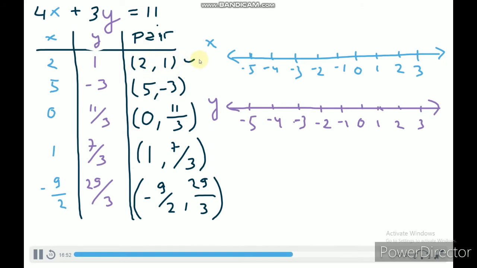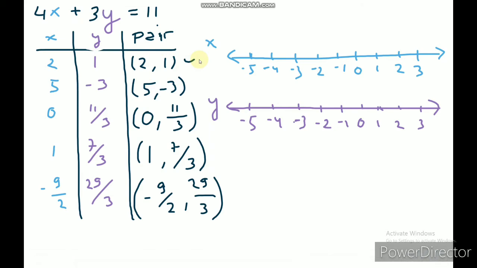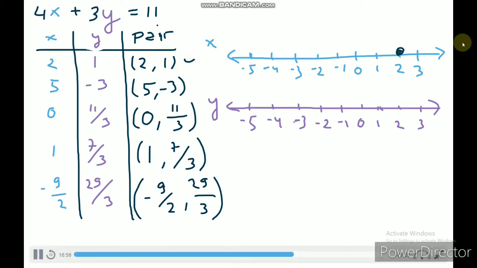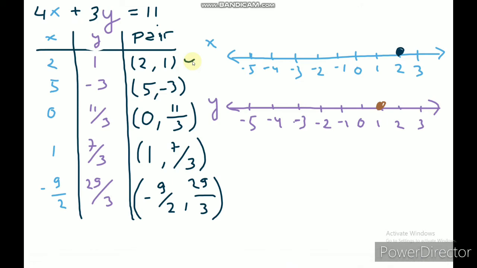Well, I can imagine this way. I put a closed circle here, at 2, because 2 belongs to the x, and then I put another closed circle at 1 on the y number line. And then how can I say it is the first combination? Maybe I can use this instead. I just connect them with a line. So this is the first pair.